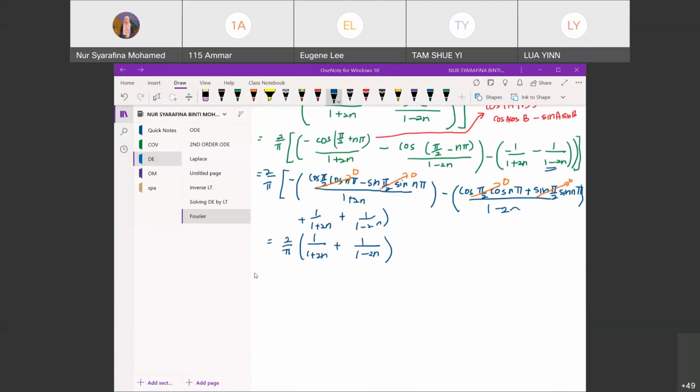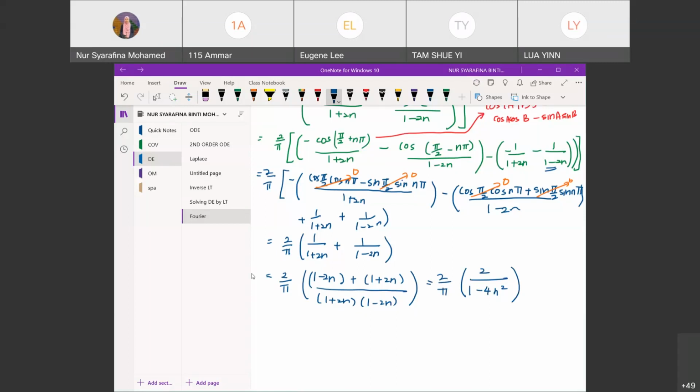So equalize the denominator. We have here 1 minus 2n plus 1 plus 2n, and everything over (1 plus 2n)(1 minus 2n). So we should have 2 over pi, 2, and then this one, 1 minus 4n squared, right?